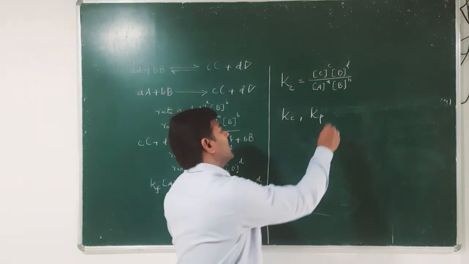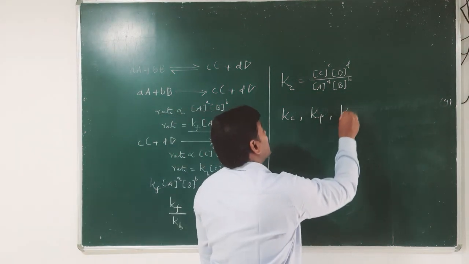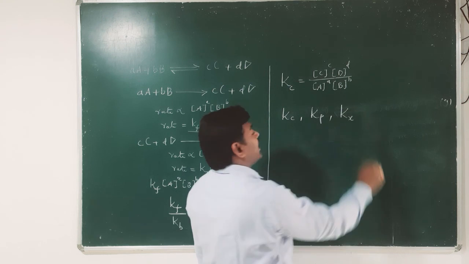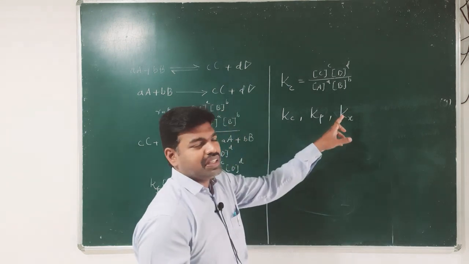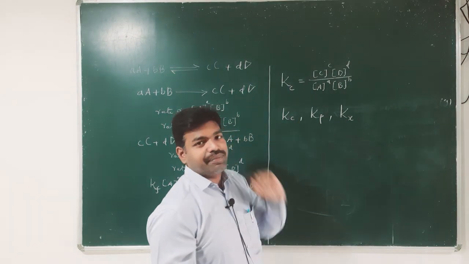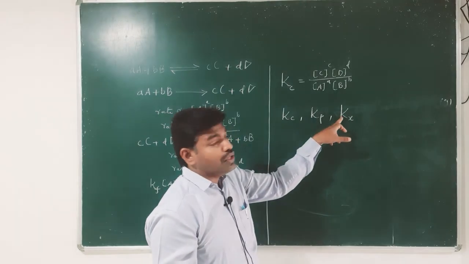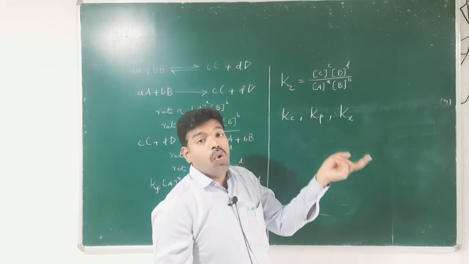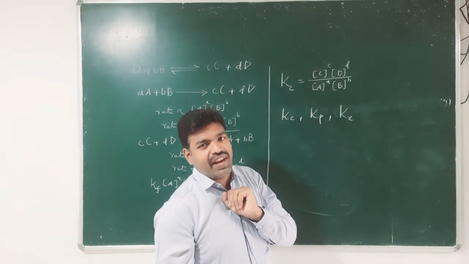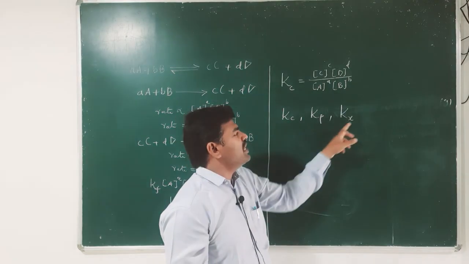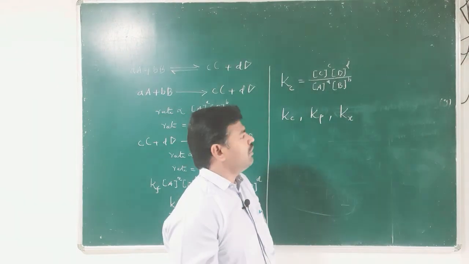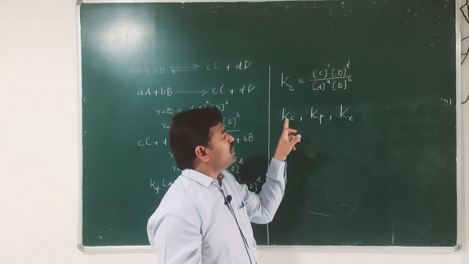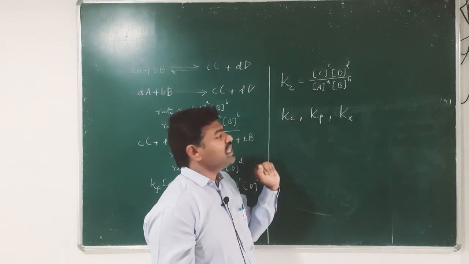One more equilibrium constant is also there, that is Kx, or sometimes it is read as xi. So, the equilibrium constant is also expressed in mole fractions, but it is not as familiar, whereas these two, Kc and Kp, are very familiar.